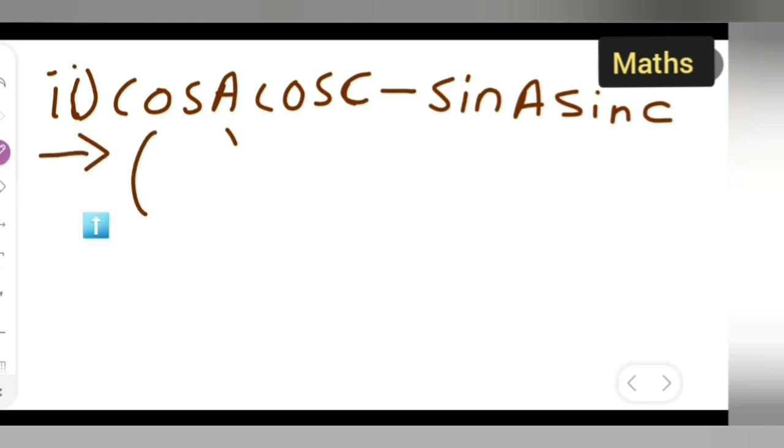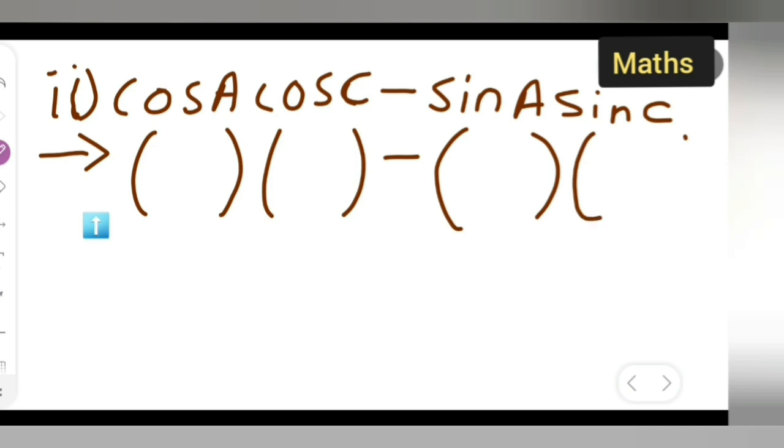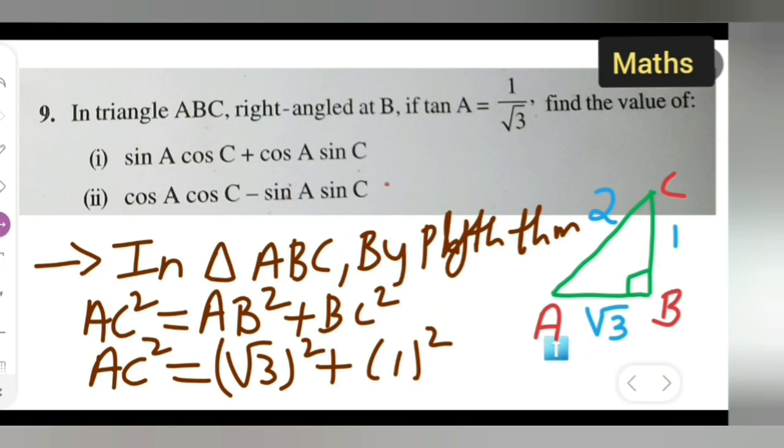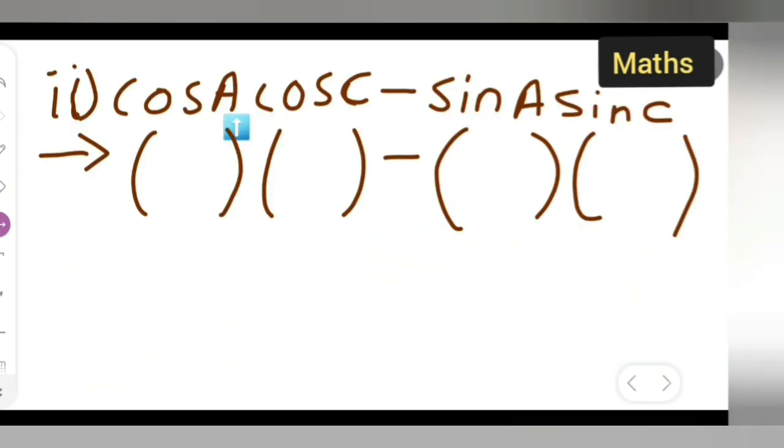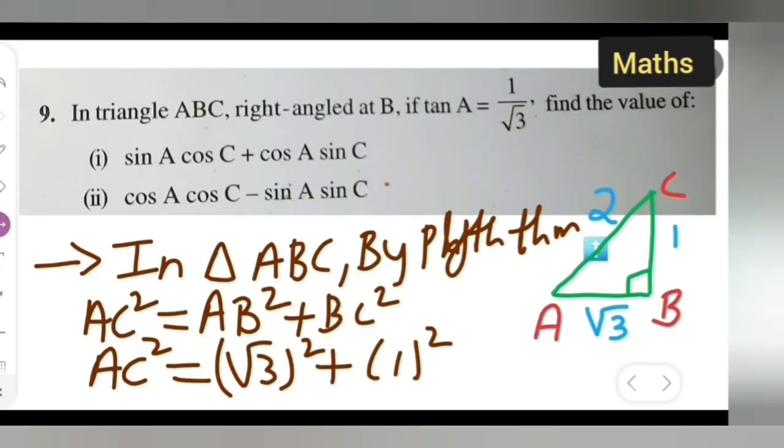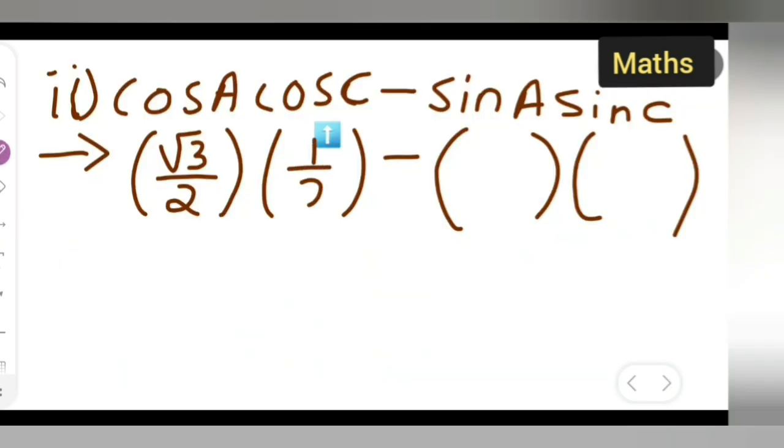Now cos A means adjacent of A is root 3 upon hypotenuse 2. So root 3 upon 2. Next what we have is cos C. So adjacent of C will be 1 upon 2. So write down 1 upon 2.